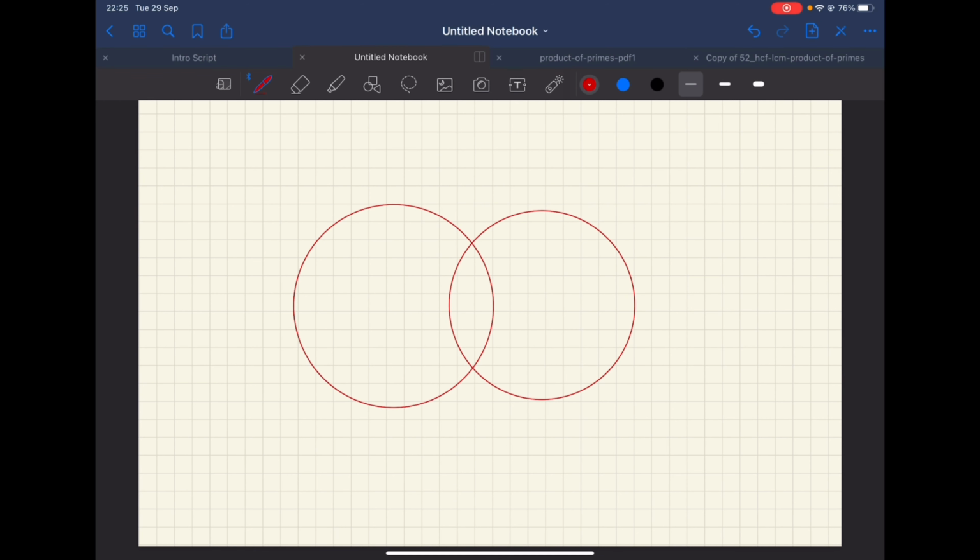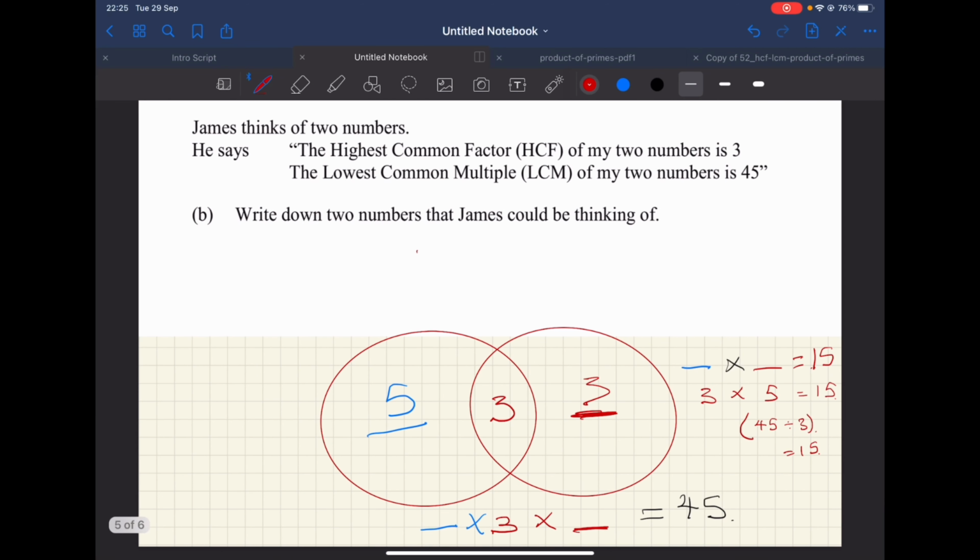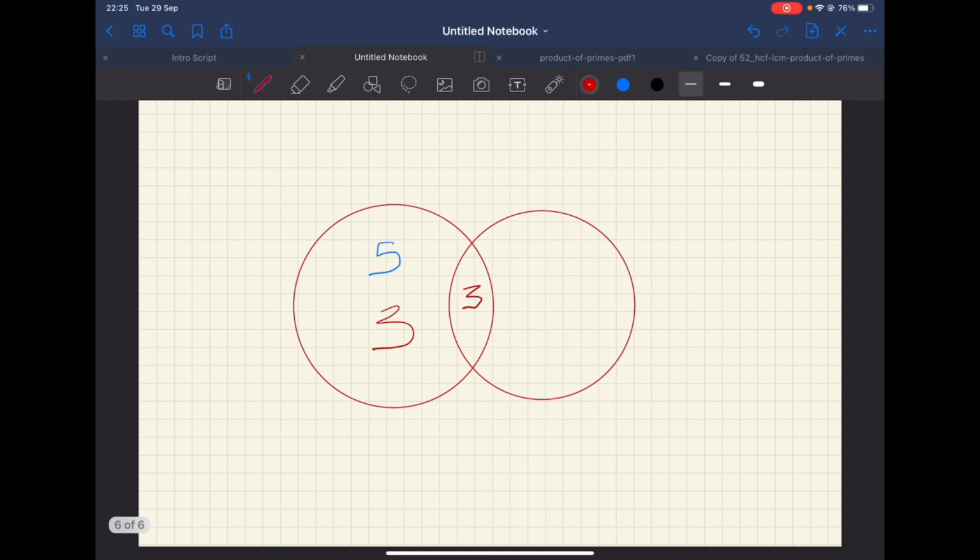The second possibility is that both numbers are in the same circle. Okay, so this is one possibility, that the 5 is in one circle, the 3 is in the other. The second possibility is that both the 5 and 3 are in the same circle.